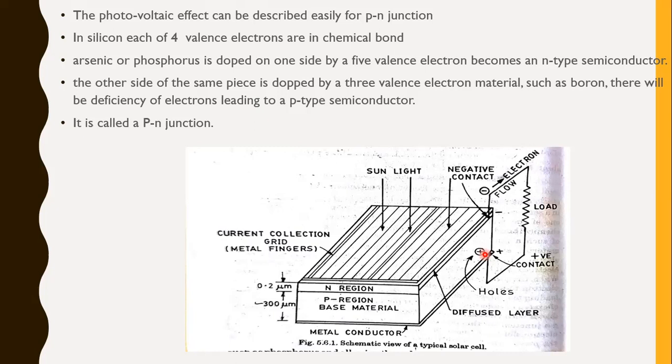The flow of electrons through the external conductor constitutes an electric current, which will continue as long as free electrons and holes are being formed by the solar radiation. So the electric current in the conductor will continue to flow as long as the solar radiation exists.